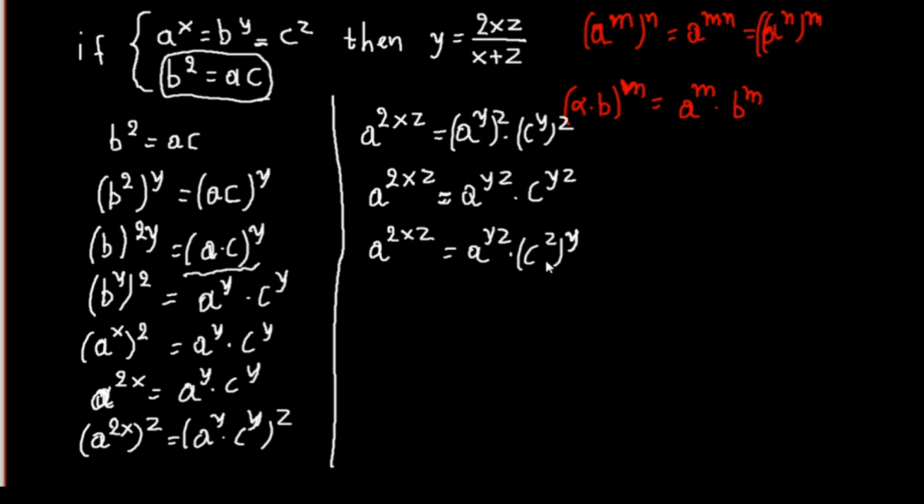This equals a raised to the x, so we have a raised to the 2xz equals a to the yz times a to the x raised to the y.